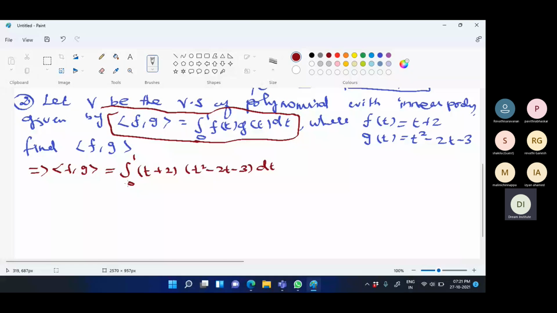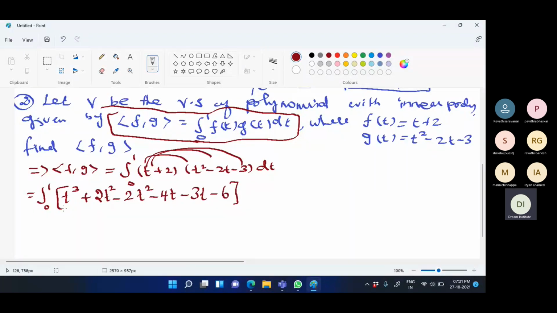So we need to multiply each and every term. From 0 to 1: t into t is t square, t into t square is t power 3, and plus 2t square minus 2t square minus 4t minus 3t minus 6, multiplied by dt.